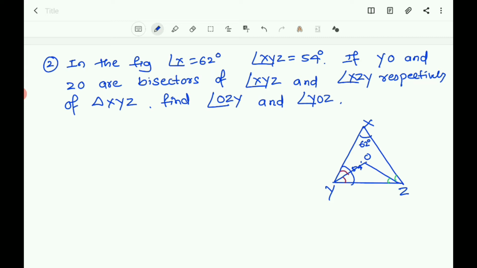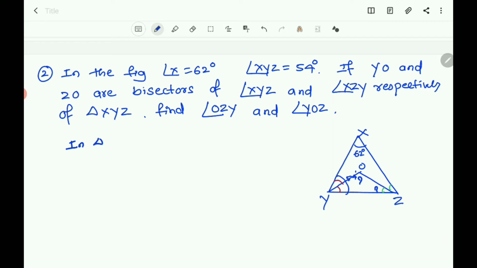Here we have to find out these two. Now here it is given that YO and ZO are the bisectors of angles XYZ and XZY. So you write the given first.